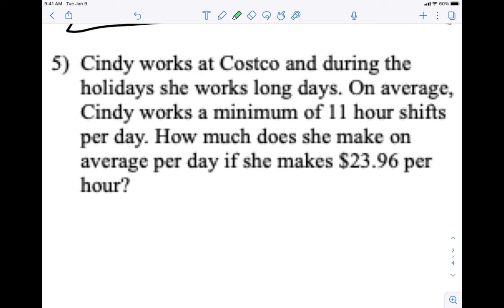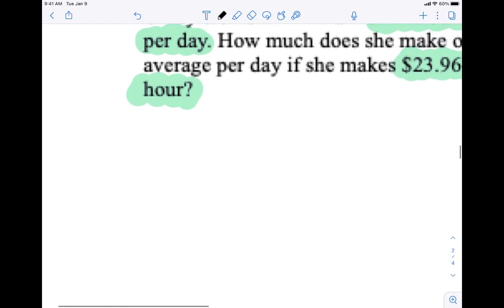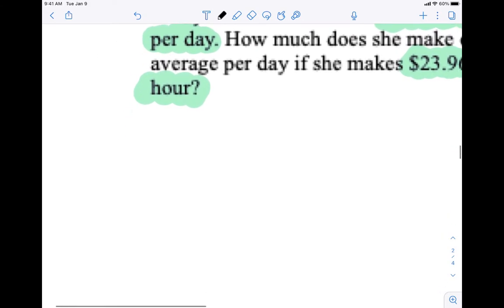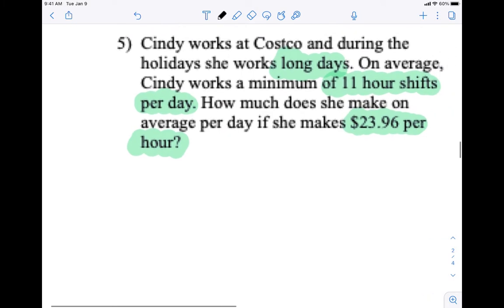On average, Cindy works a minimum of 11-hour shifts. That means every time she goes in to Costco, she'll work for 11 hours straight per day. How much does she make on average per day if she makes $23.96 per hour?